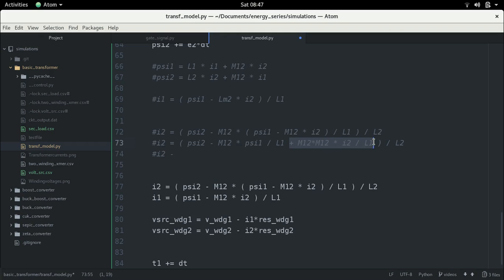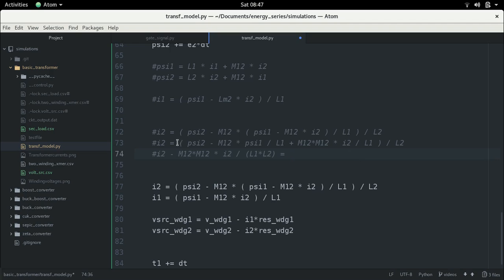So let me just copy this, put it here, and we need to adjust this to make it L1 multiplied by L2, right? That's because there is this term L2 here. This is just simple substitution. I'm not doing anything in power electronics or magnetism. This is just equation solving. So all you have to do is expand this equation, bring it over to this side, and finally simplify it. There is nothing electrical engineering here.